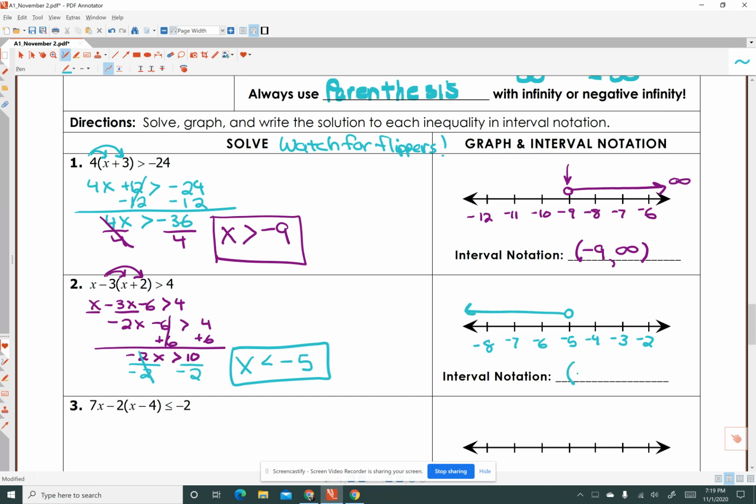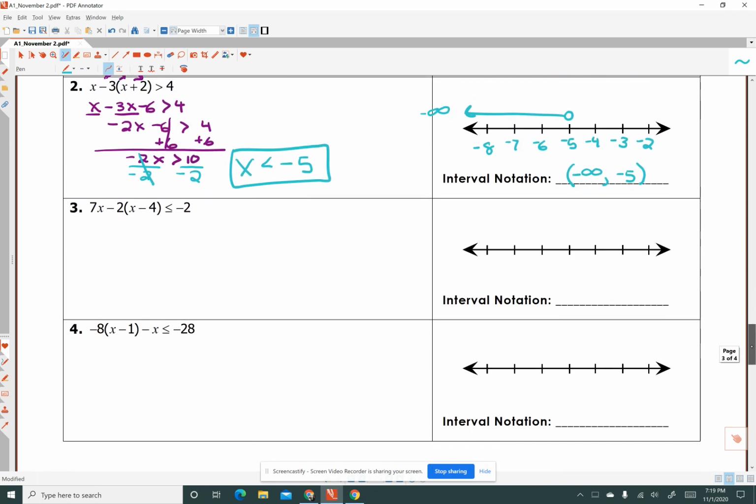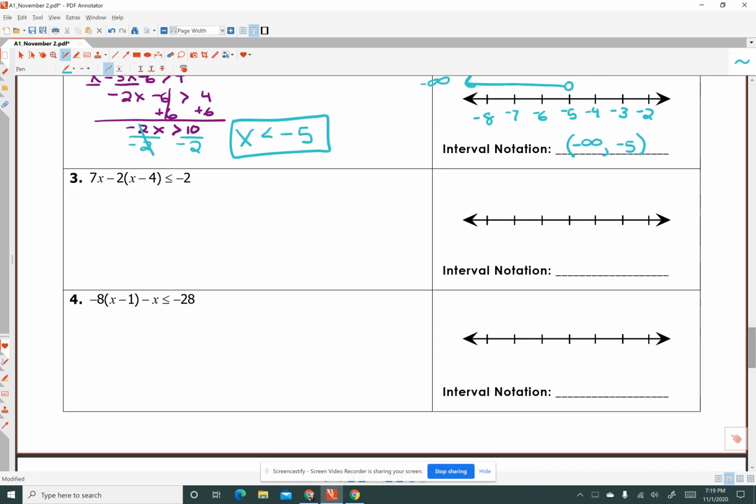And in this case, we have parenthesis, negative infinity, because this is negative infinity in this direction. Negative infinity, comma, negative 5, and again a parenthesis because we have an open circle. And that's our interval notation. So why don't you try number 3 and 4 on your own and pause the video.